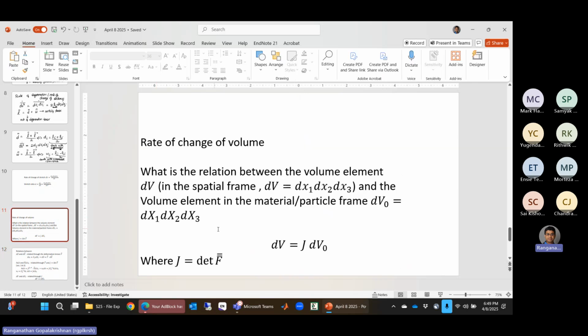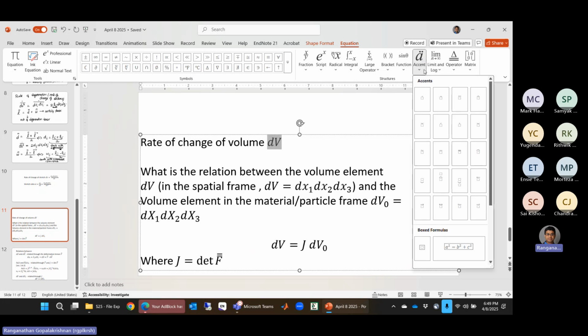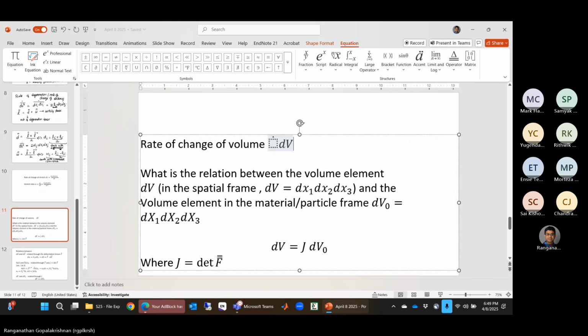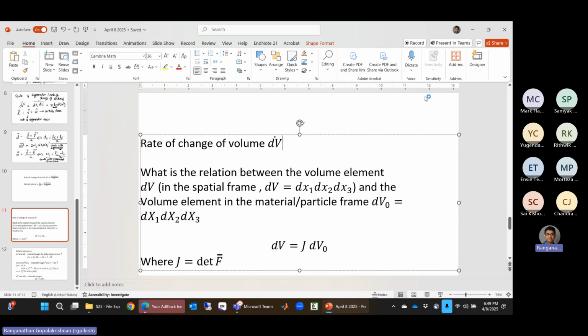What we are asking here is the rate of change of volume. We want to calculate dV, and then I have to put a dot on top of that. So I have to calculate dV dot. That's the goal here.